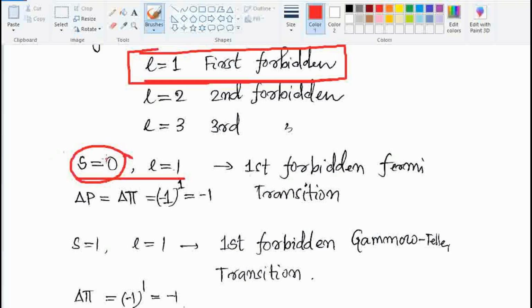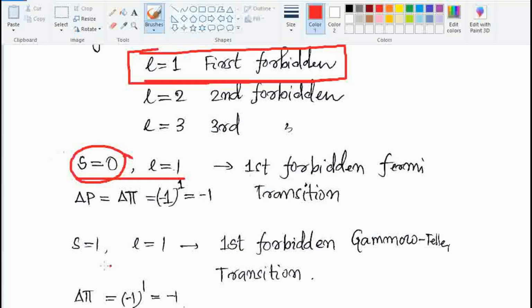For S equal to 0 it is Fermi, for S equal to 1 it is Gamow-Teller. And for L equal to 1 it is first forbidden; with S equal to 0, that means first forbidden Fermi transition. For S equal to 0, L equal to 2, it is second forbidden Fermi transition, like this.